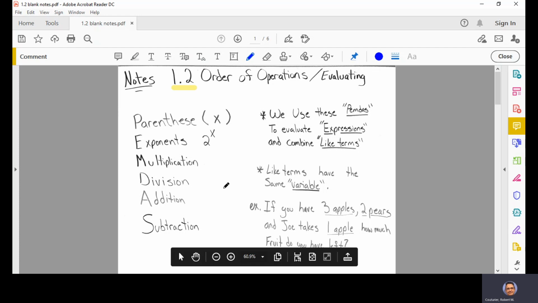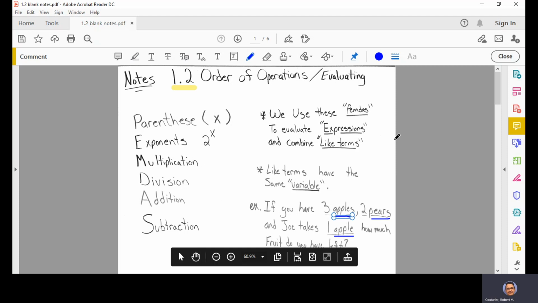It says if you have 3 apples and 2 pears, and Joe takes 1 apple, how much fruit do you have left? So we think about this as far as variables. So our variables in this case are apples, pears, and then what? Joe takes another apple. So if you have 3 apples and 2 pears, and Joe takes one from you, how much fruit do you have left?